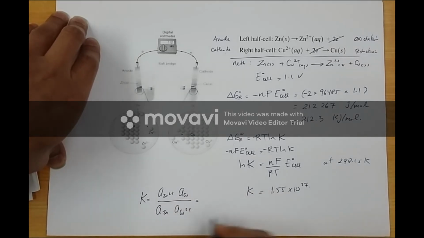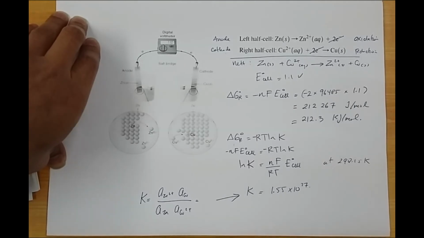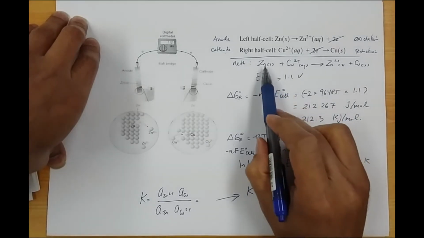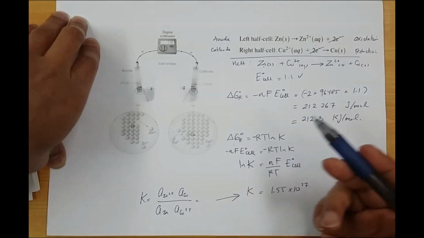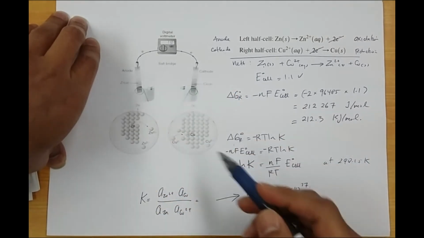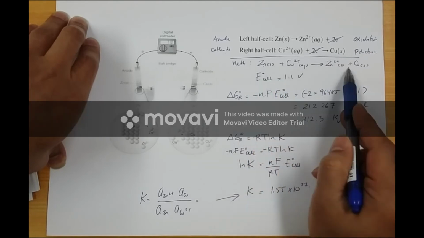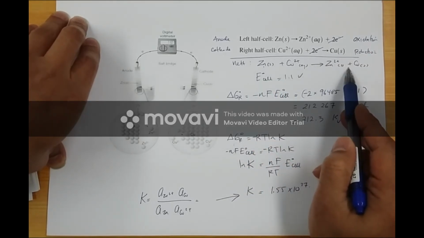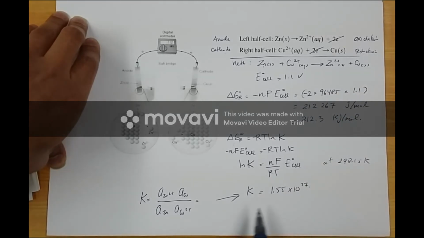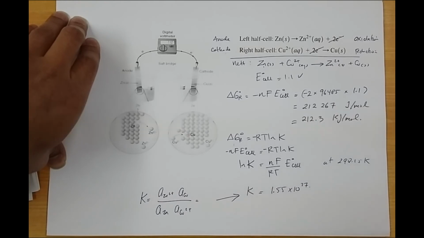And this is this value. So this means that if you use the energy of this battery, the reaction will proceed to the right until it has reached this value of equilibrium, or the activity ratios of this value, and then the reaction will stop, right? Because it has reached equilibrium.